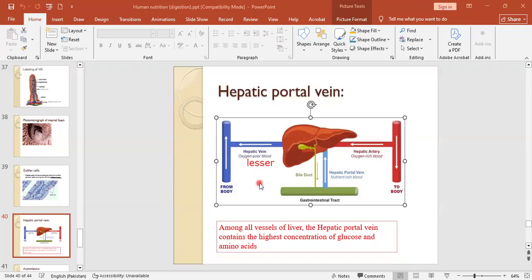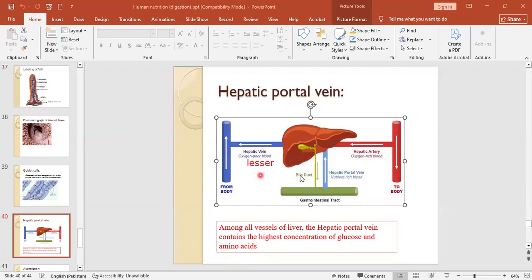The second part of this explanation was, why does the hepatic vein have less glucose as compared to the hepatic portal vein? The reason: it got stored in the liver, stored in the form of glycogen, right? Understood? Yes, miss.